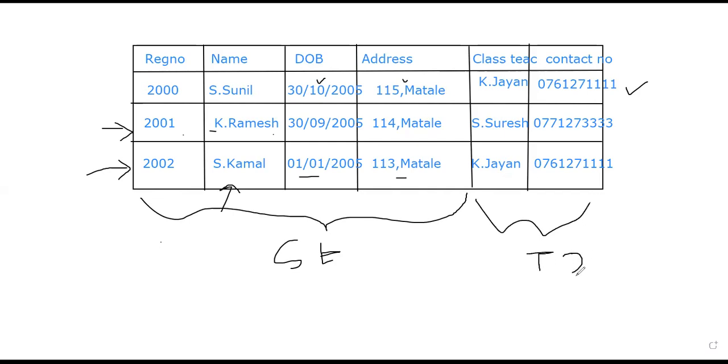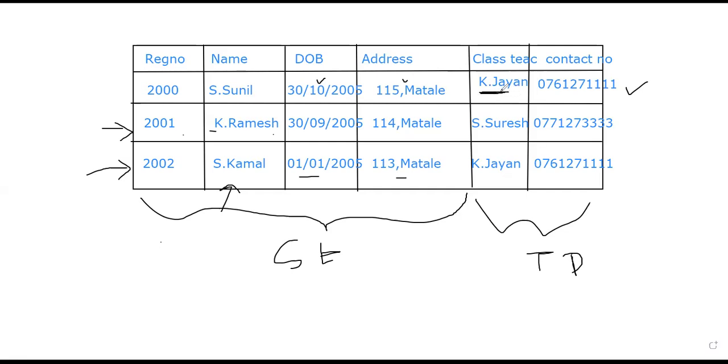Now, if you consider this table, the class teacher K. Jayan is teaching both the students S. Sunil and S. Kamal. So here we can see the occurrence of the same data being stored in multiple places within a database.